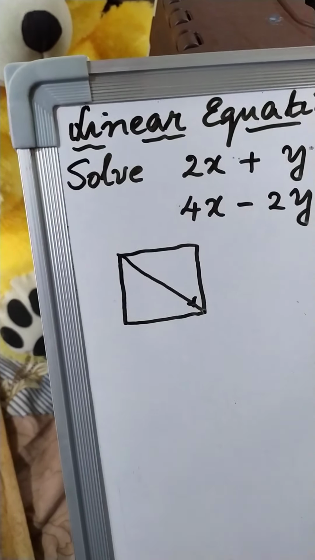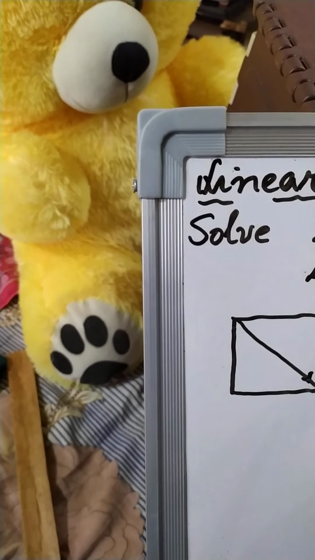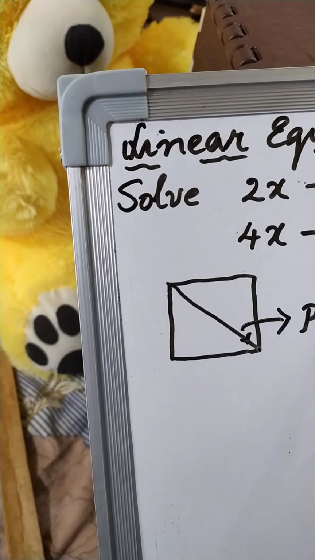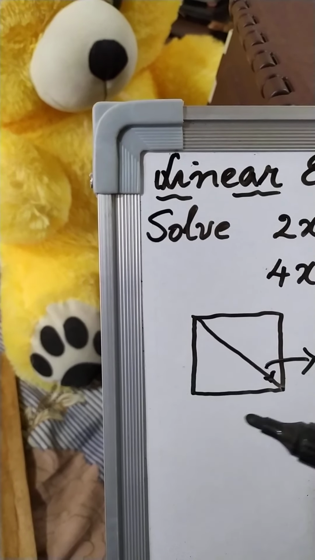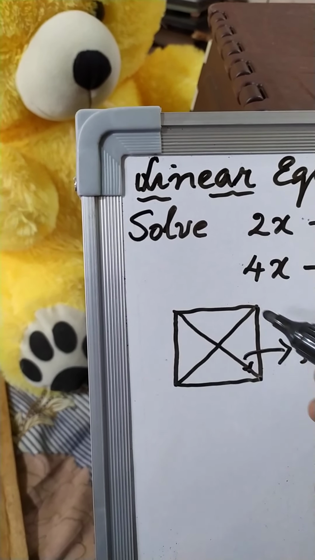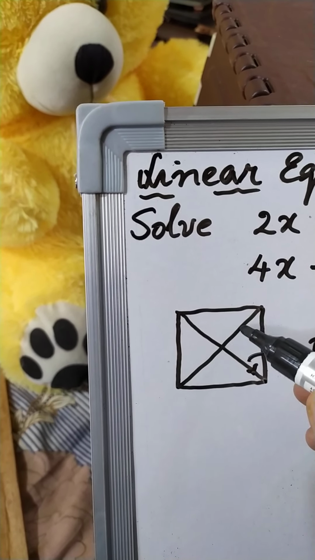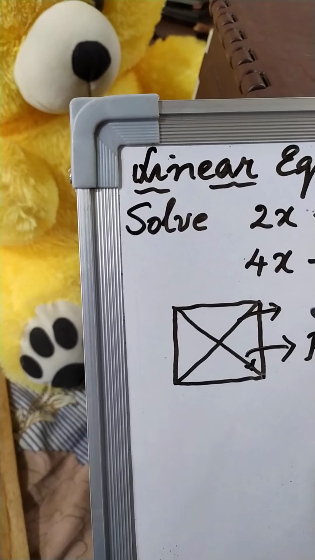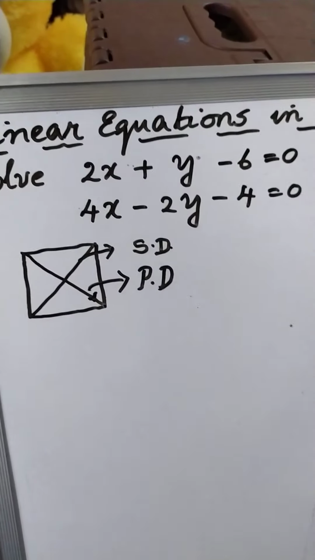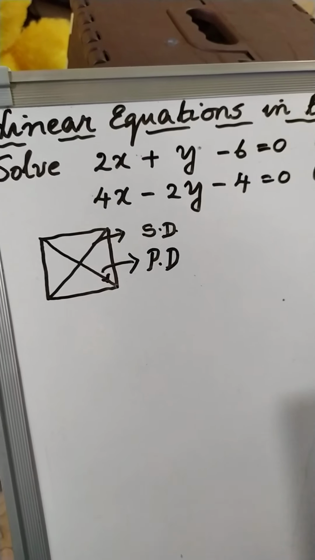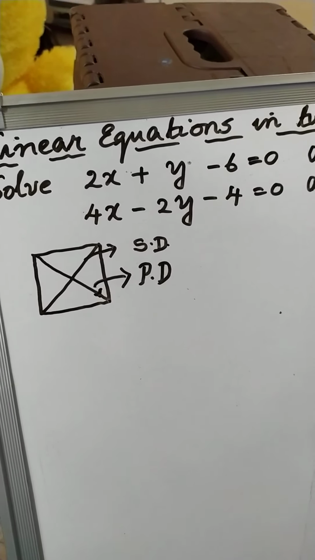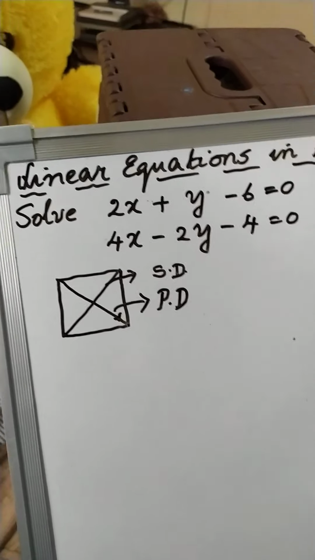And this diagonal is called the principal diagonal. And if I join the left hand side bottom with the right hand side top, I will get the second diagonal, and that is called the secondary diagonal. How is that geometry creeping into algebra? Just watch.